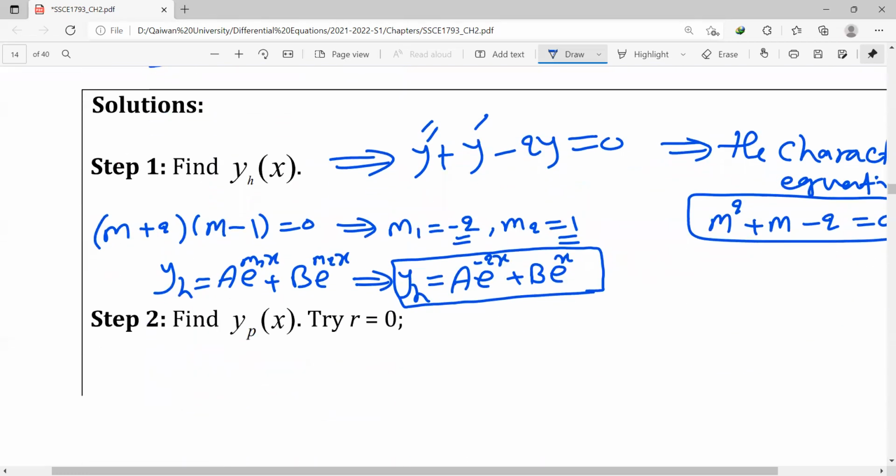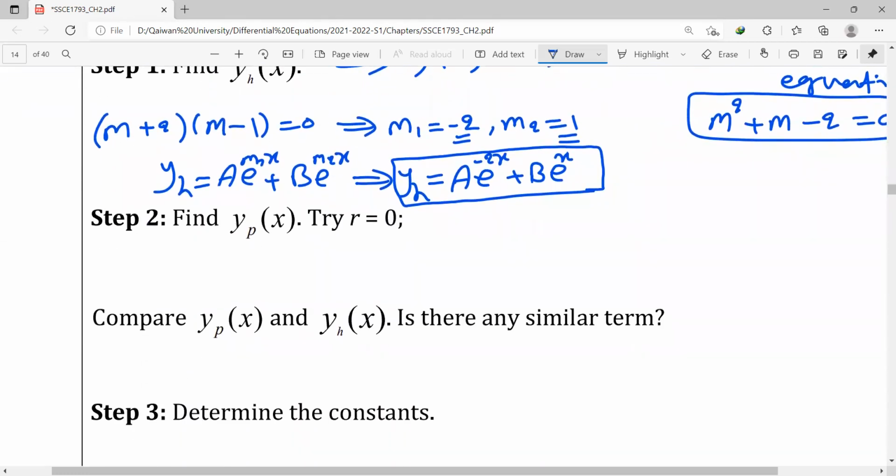We start from 0 for r. As I said, we always start from 0. If there is similarity between the chosen particular solution and the homogeneous solution, we try r to be 1, r to be 2, and so on.